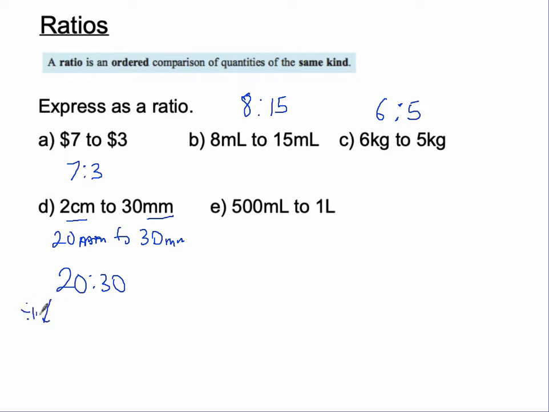Divide by 10, divide by 10, we get a 2 to 3 ratio. Okay, next one we've got milliliters and liters, so we need to change them to the same thing. We change this one to 1,000 milliliters. We have a 500 to 1,000 ratio, so we can divide them both by 500. We have a 1 to 2 ratio.